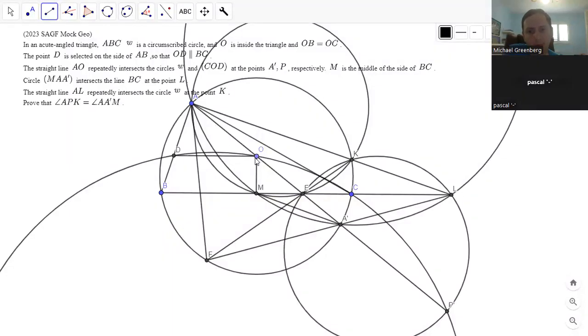I kind of like that, which is 180 minus DCP.